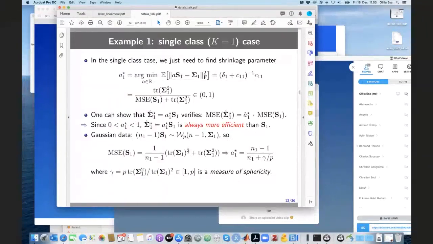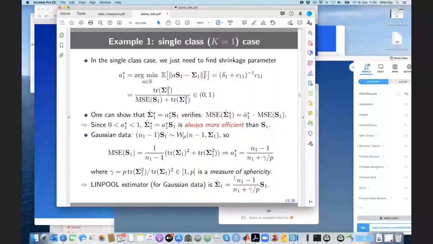Now I can plug this into this formula here, simplify the expressions, and A1 star looks like this. N1 was the number of observations from class 1, and this gamma here is a measure of sphericity. And so this is for Gaussian data.